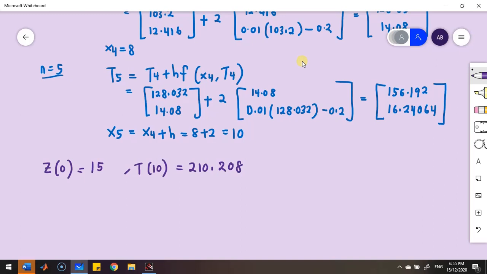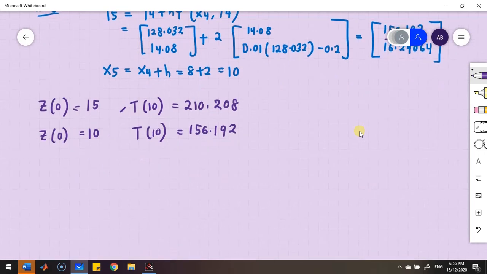And then my second guess for z0 equals 10, t10 I have obtained 156.192. Okay, the third guess I can approximate by using the linear interpolation.